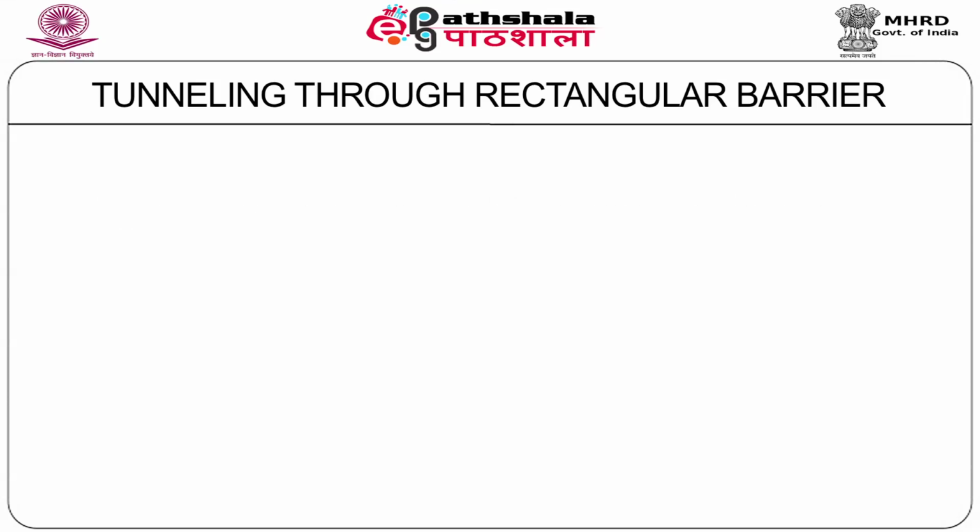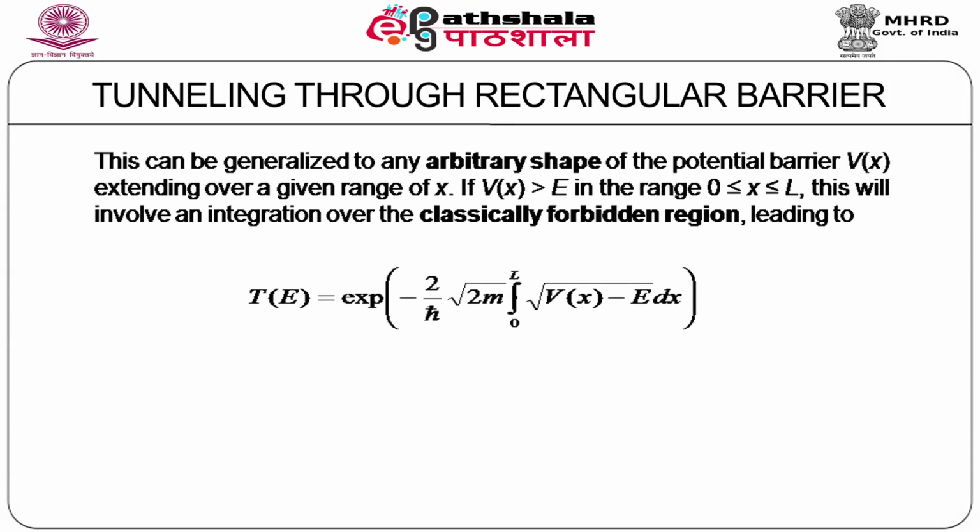So this can be generalized to any arbitrary shape of potential barrier V(x) extending over a given range of x. Now, if V(x) is larger than E in the range x between 0 and L, this will involve an integration over the classically forbidden region, leading to T(E) equal to exponential of 2 by h-bar times the integral of root 2m(V(x) minus E) dx, which you can see on the screen.